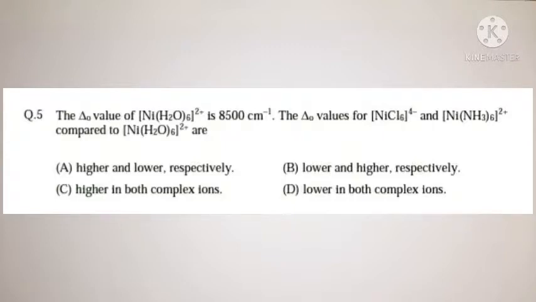The del O values for this complex and this complex compared to this complex are. Okay, and we have four options. So friends, in this question we have a del O value for one complex given, and we compare the rest of the two complexes, the del O values of these two complexes with the given value. Okay, so let's do the solution of this question.